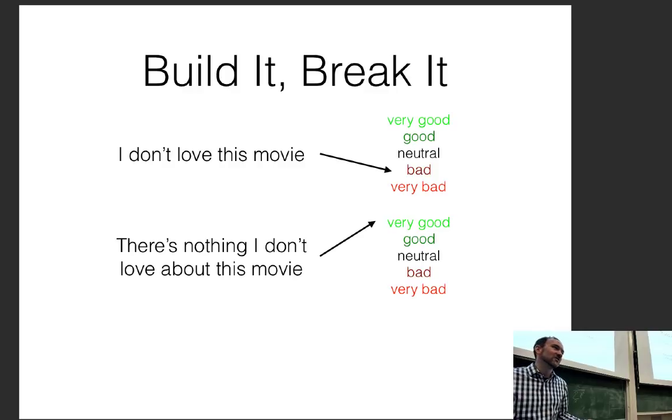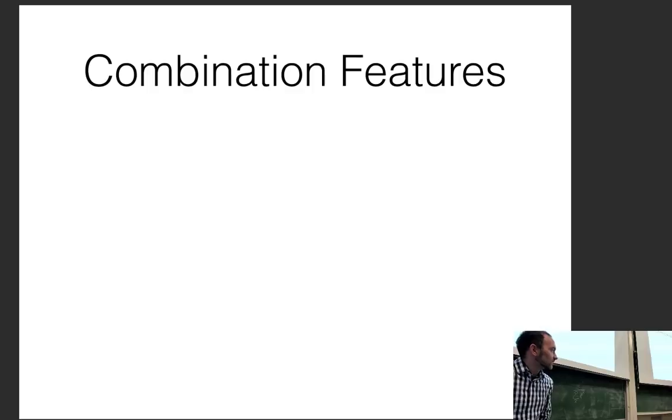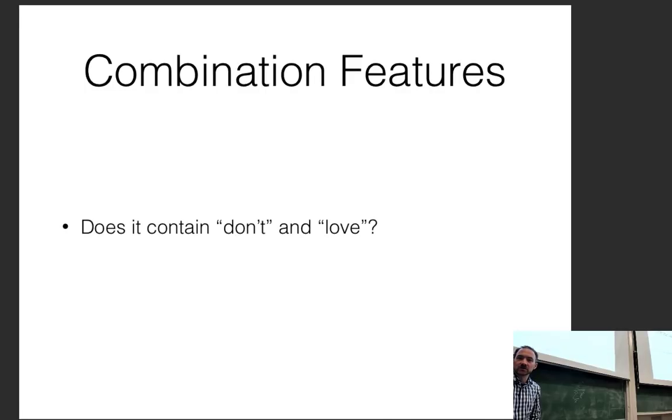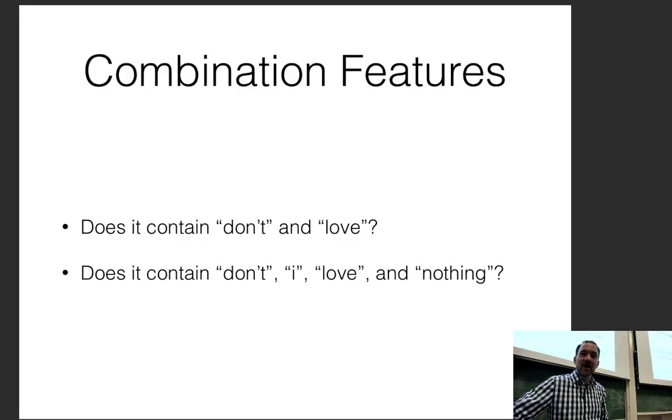And then nothing I don't love is a good thing. So this reveals a necessity for basically combining together different features to make decisions about things. So for example, does it contain don't and love? Does it contain don't and I and love and nothing? Would be examples.